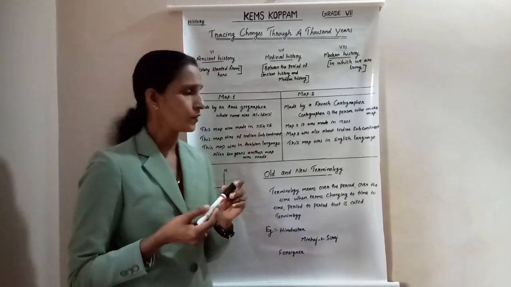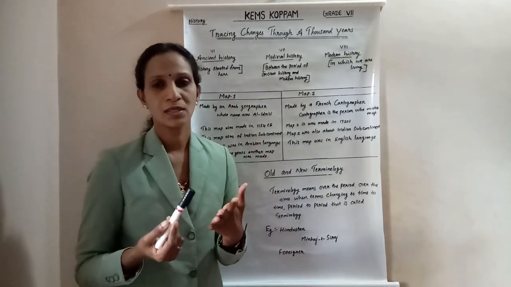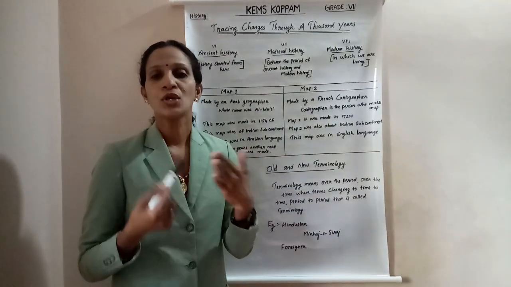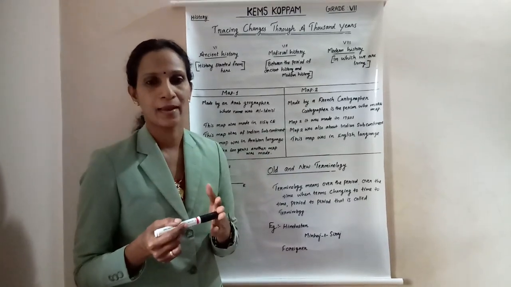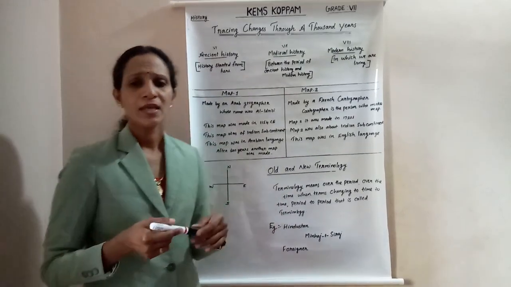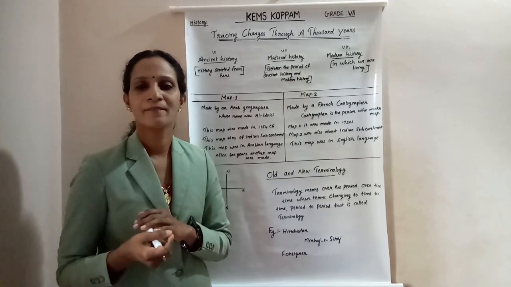For example, earlier we used one word for one meaning, and after that we use that particular word for another meaning. For example, the word Hindustan: if we hear it today, what do we understand?